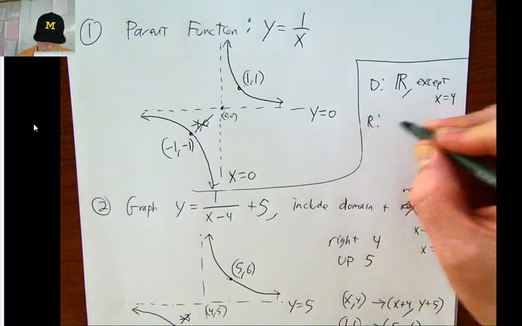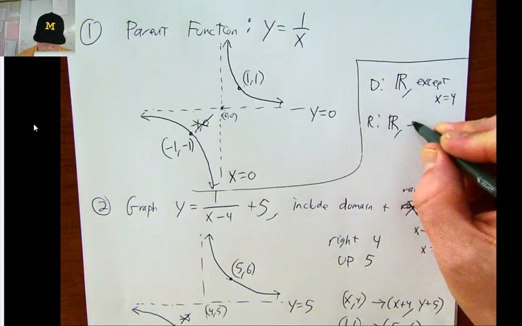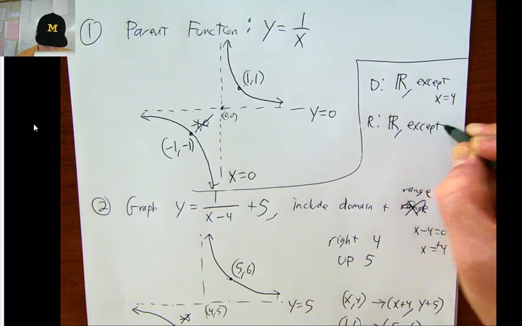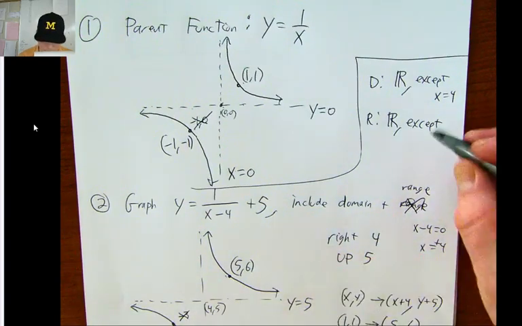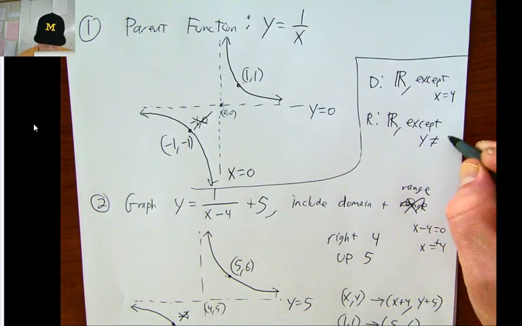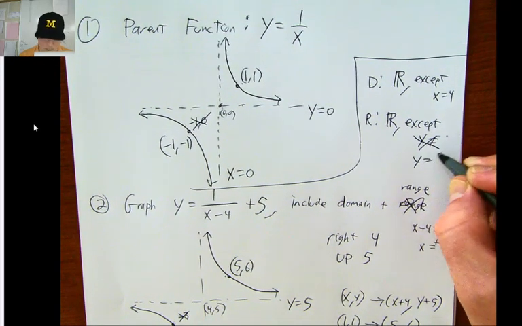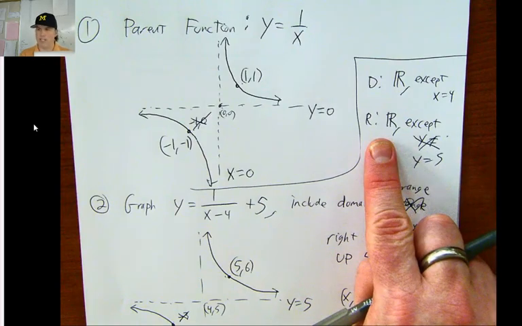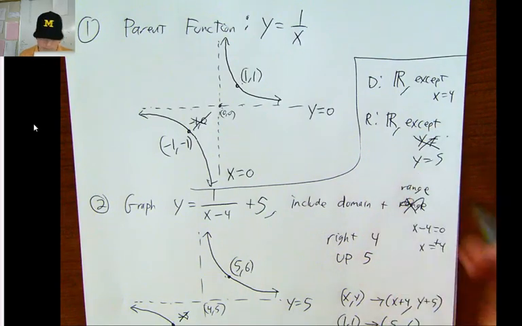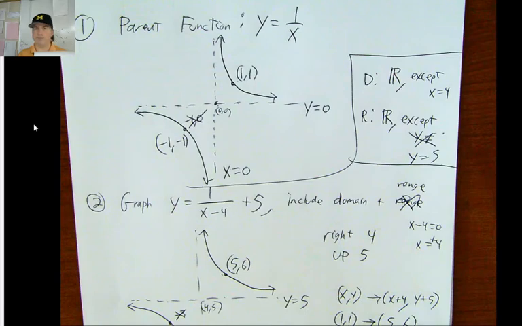And then the range would be the same thing. It's all reals except y cannot be equal to 5. So it works for all real numbers except when y equals 5. Another way of answering it. So okay, that's graphing.